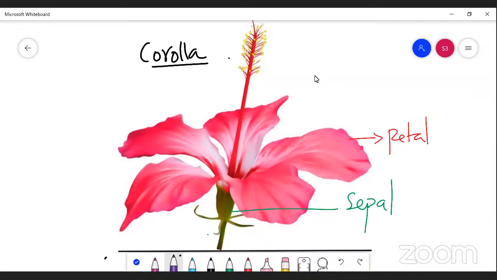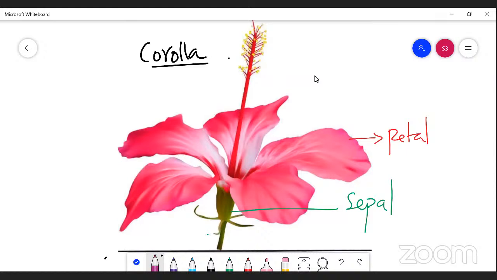Talking about the corolla, just imagine I have shown a flower in which the green portion is called the sepal, that is the outermost wall of a flower, followed by the attractive part of the flower, which is brightly colored, beautifully colored in nature, that is called the petal. A group of petals is called a corolla.